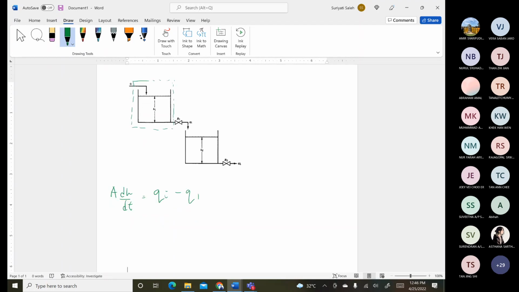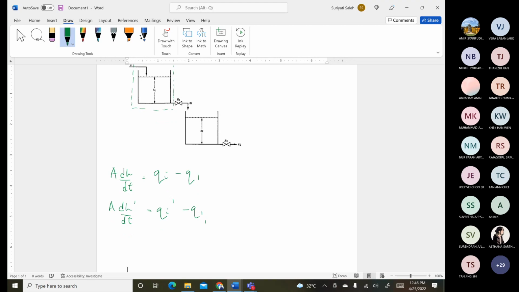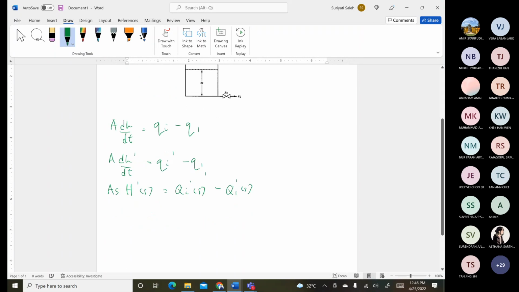So for this part, if you want to continue, it becomes A dH prime over dt equal to Qi prime minus Q1 prime. When you want to do the Laplace, it becomes S H prime S equal to Qi prime S minus Q1 prime S. So in this case, the way that you derive is correct.